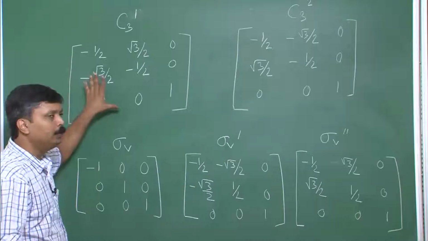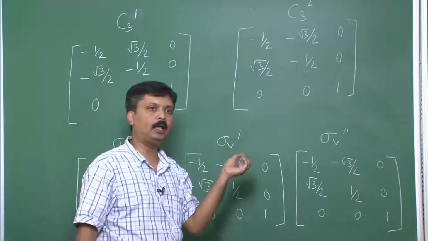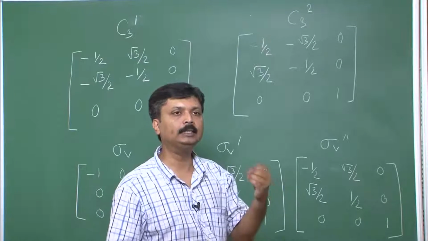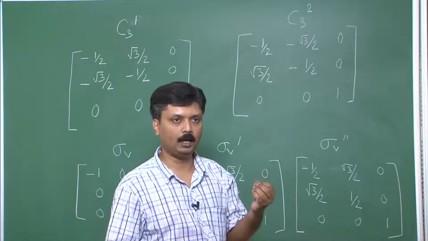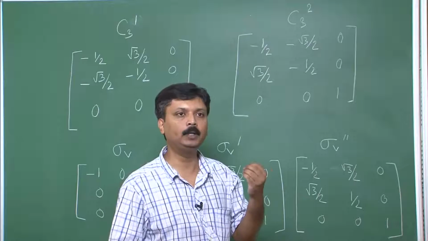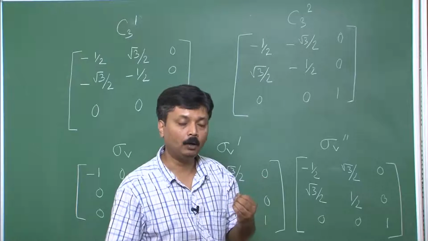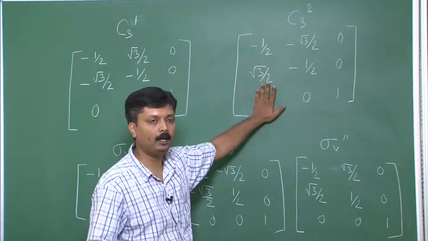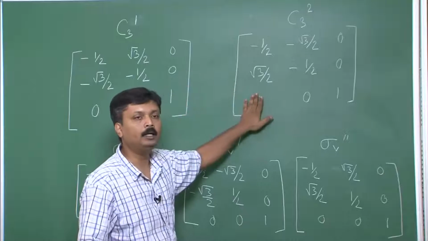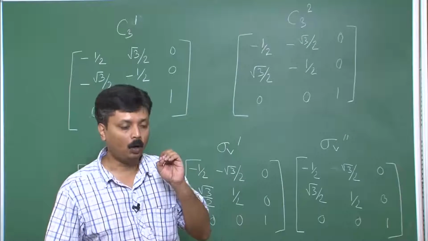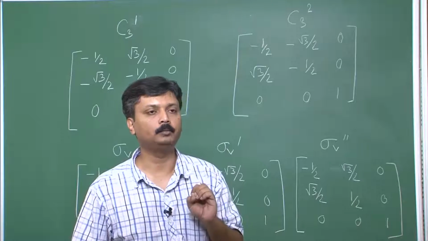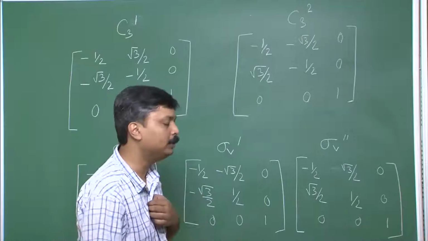When we discussed the ammonia problem quite some time back, we said that C3 and C3 square form a class. That means C3 and C3 square are conjugate elements of that group. So the matrix representations of C3 and C3 square, which are given here, should also follow the characteristics of the symmetry operations.